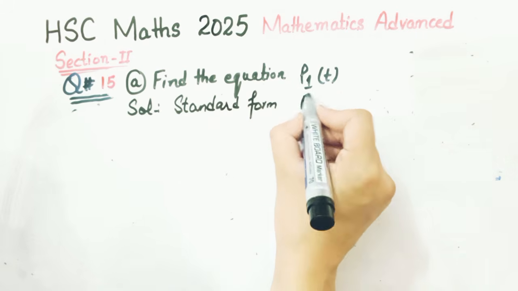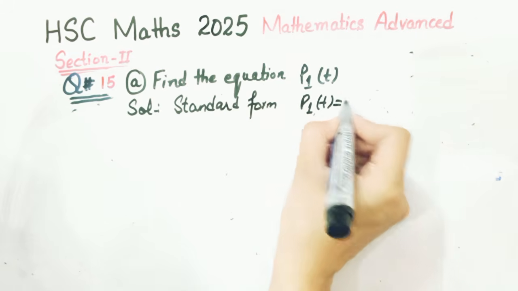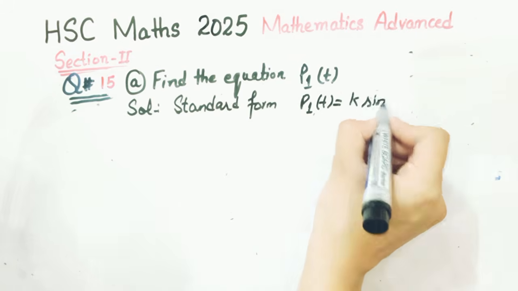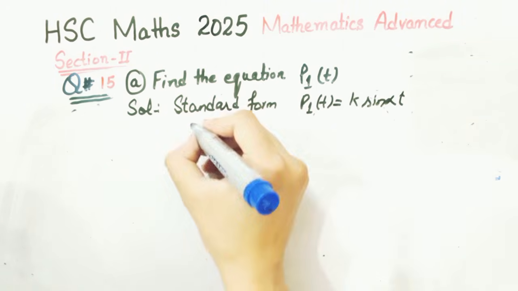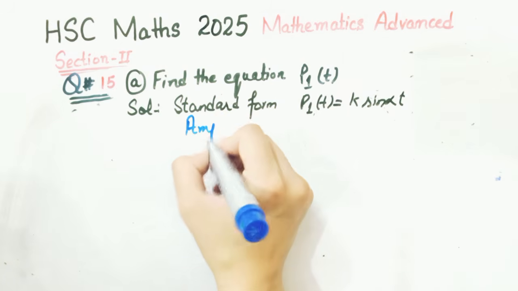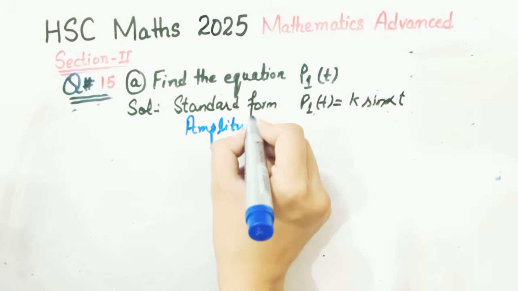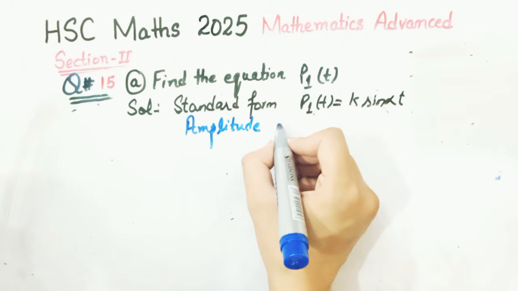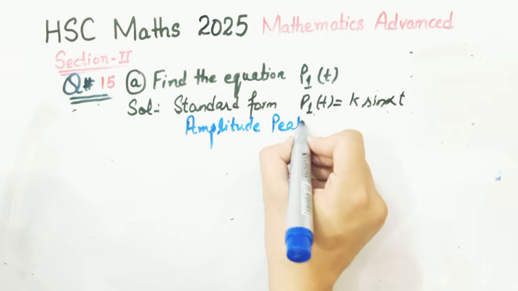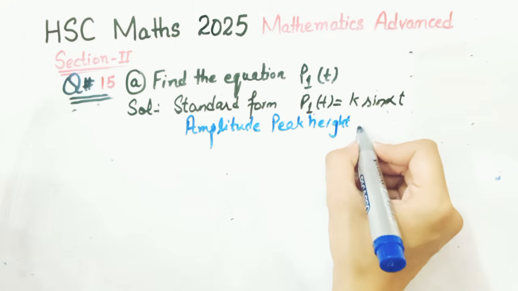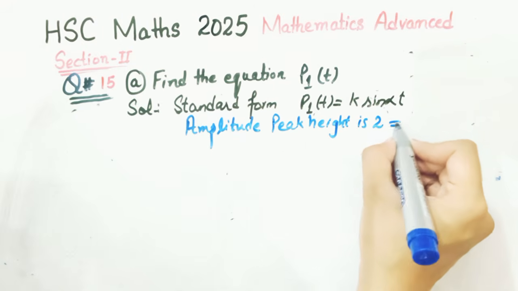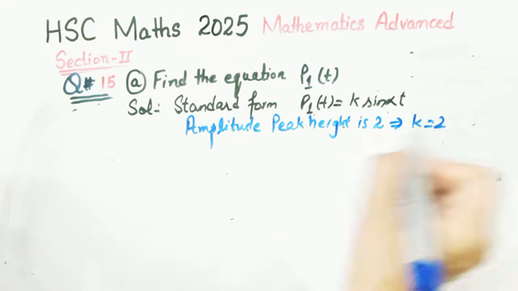So what will be the standard form? That is P1(t) equals k sine(at). Now what is the value of amplitude? That is the peak height. So this is the value of k. So we will write k equals 2.